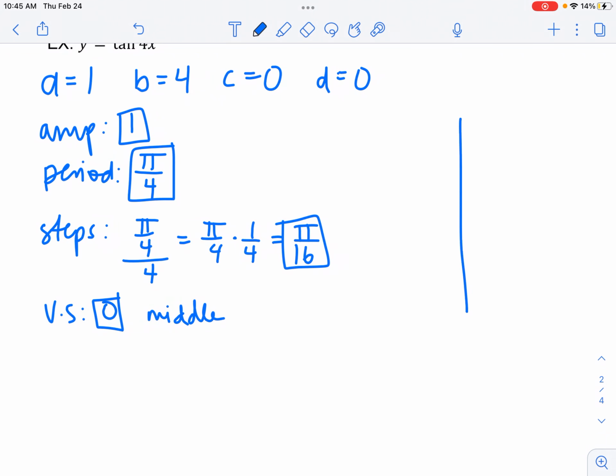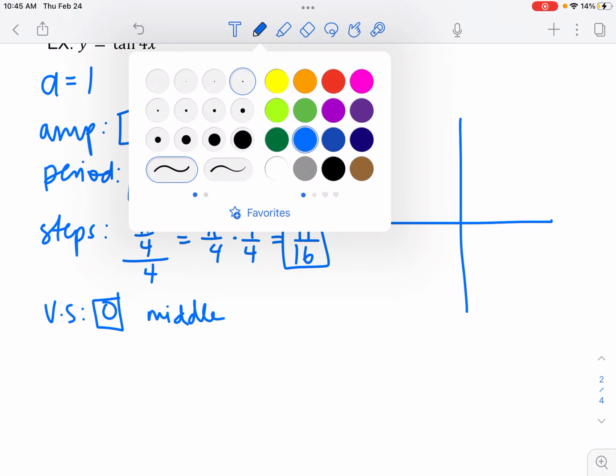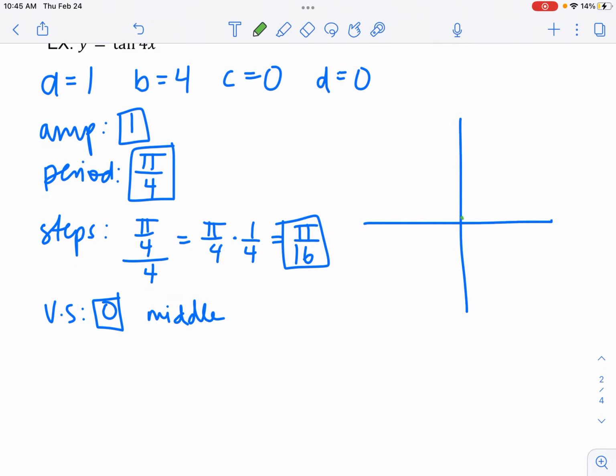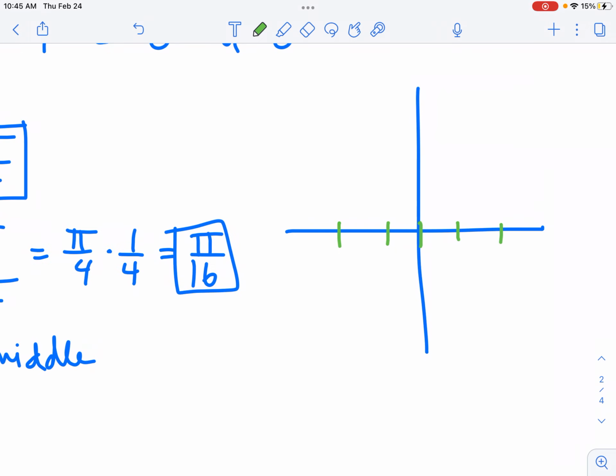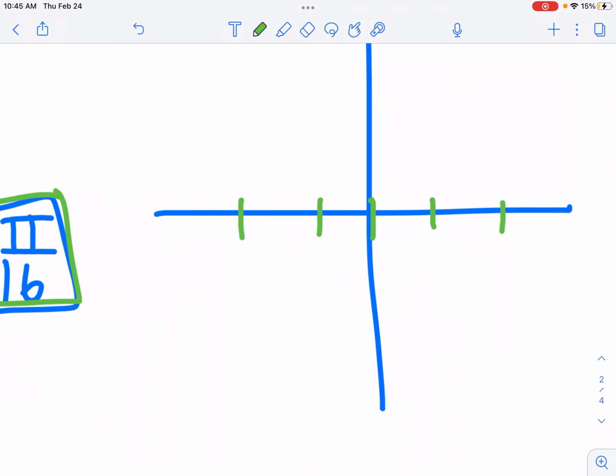Let's graph it out. So we've got our middle here. 1, 2 steps to the right, 2 steps to the left. Label it. My steps are pi over 16. So first step is 1 pi over 16. Second step is 2 pi over 16. 2 over 16 will simplify to 1 over 8.